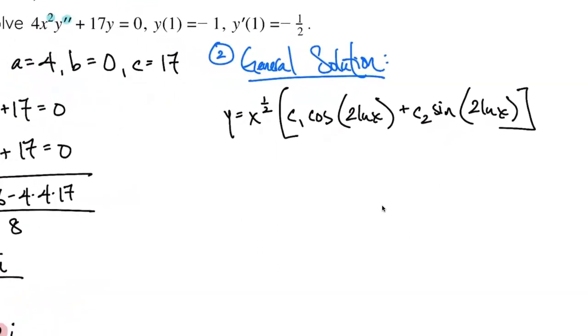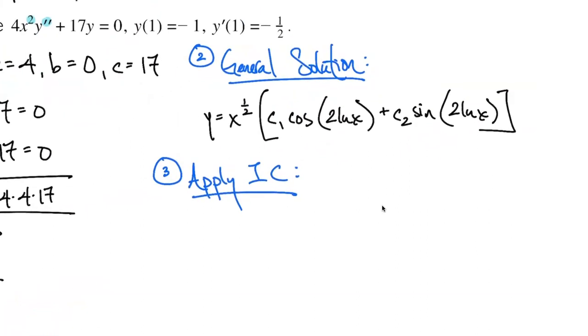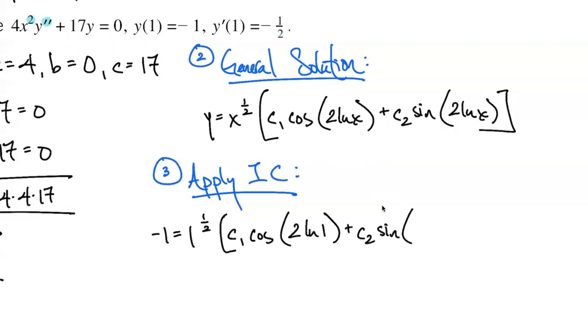So let's go ahead and find some initial conditions. And what happens when we apply those initial conditions. And we're going to start off with the first one. So y of 1 equals negative 1, 1 to the 1/2, C sub 1 cosine of 2, let's see, natural log of 1 plus C2 sine of 2 natural log of 1.